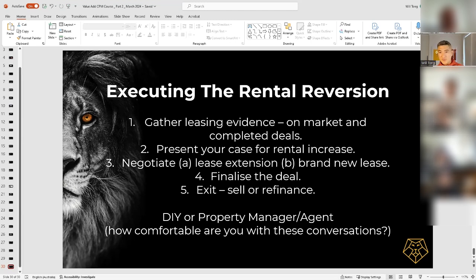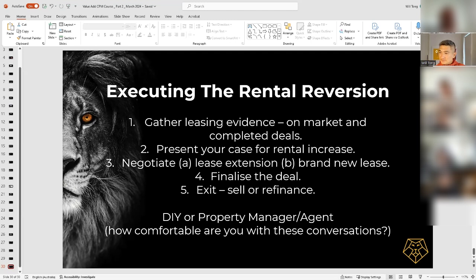So we went into a new lease. In most cases, if someone's exercised the option, you just extend the current lease. It's cheaper, it's faster, it's easier. So that's a discussion you need to have with the tenant, and you need to look at it on a case-by-case basis.